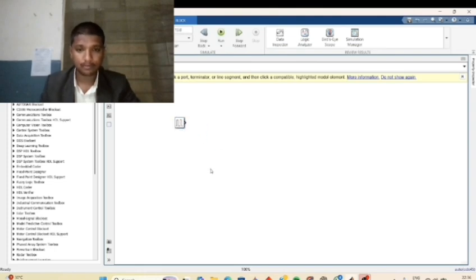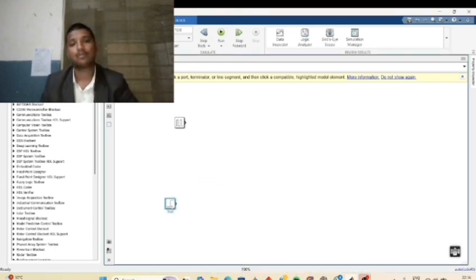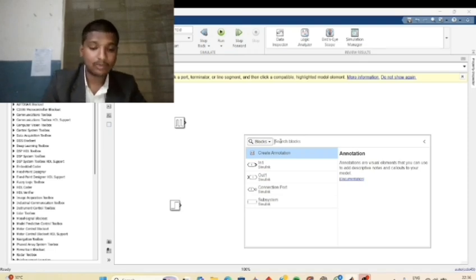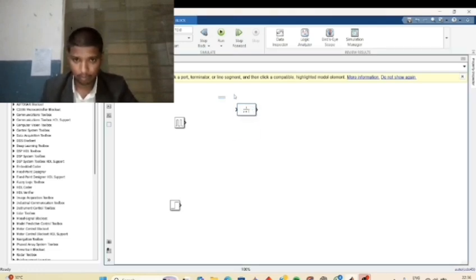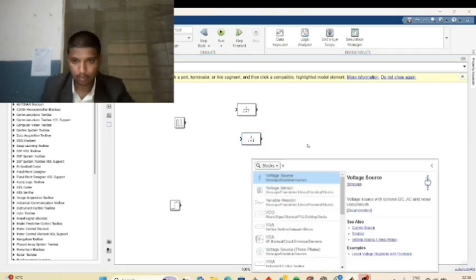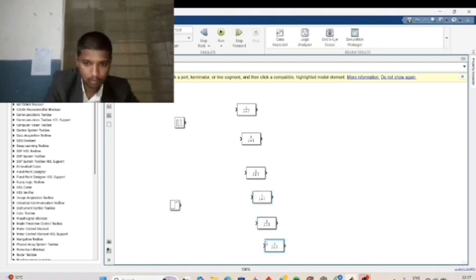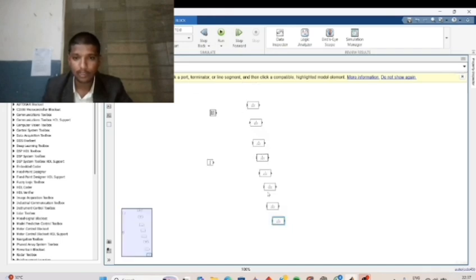One pulse generator, one step, eight transfer functions. Eight transfer functions are there.